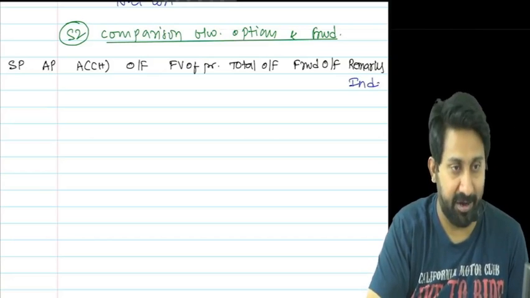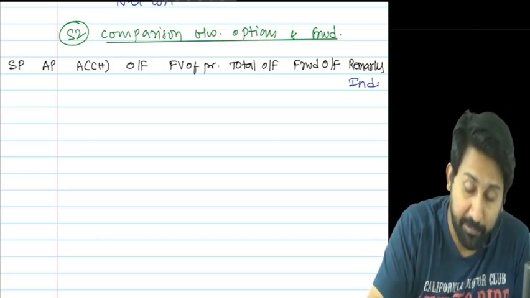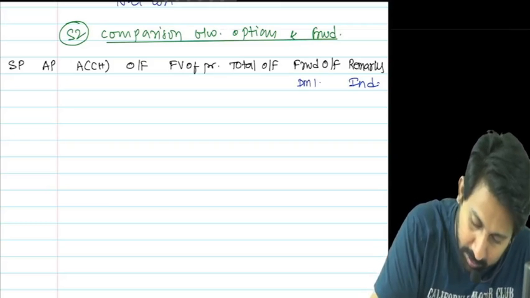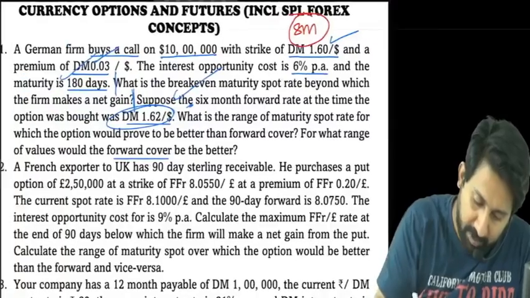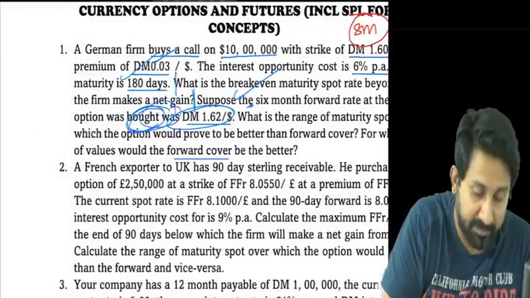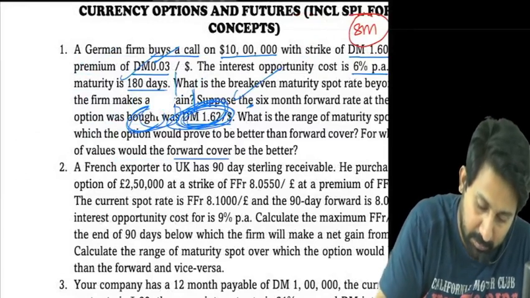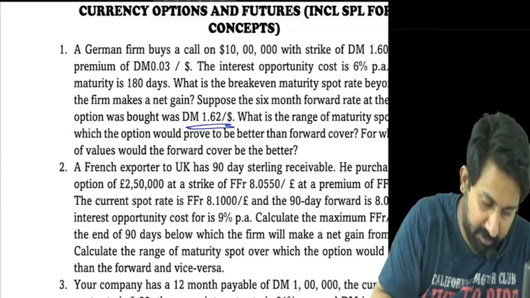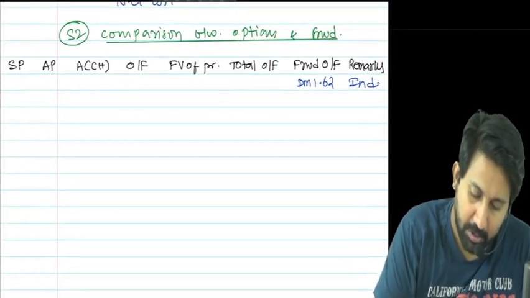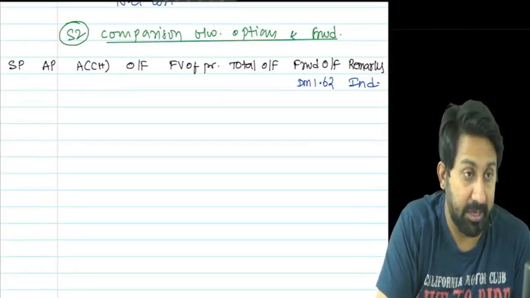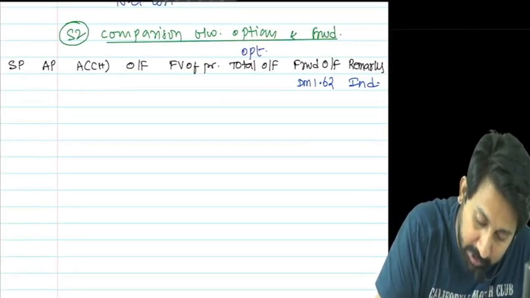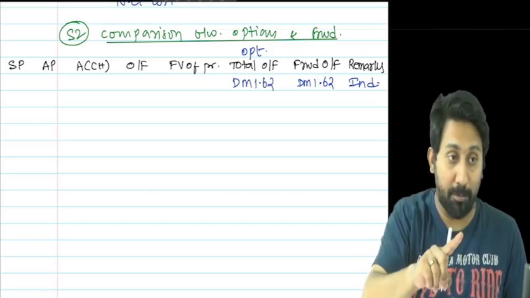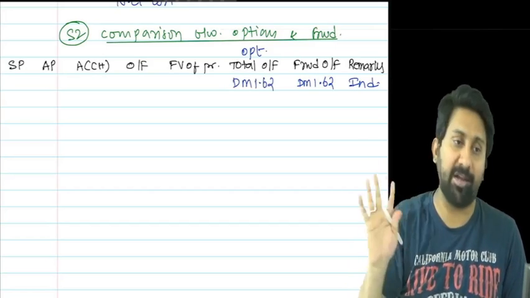When the indifferent situation comes, what is the forward outflow? DM 1.62, given in the question. That's the forward rate. Next, what is the total outflow? If the total outflow under the option is also DM 1.62, then whether to go by options or forward, both will be indifferent.